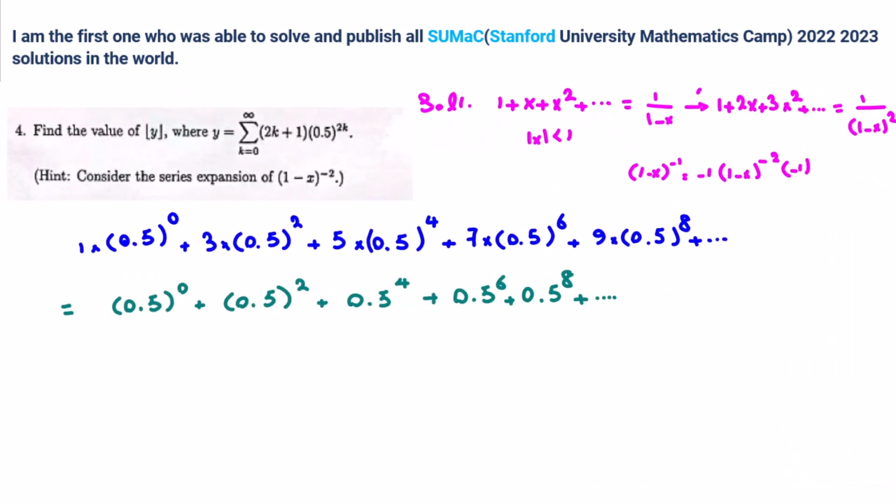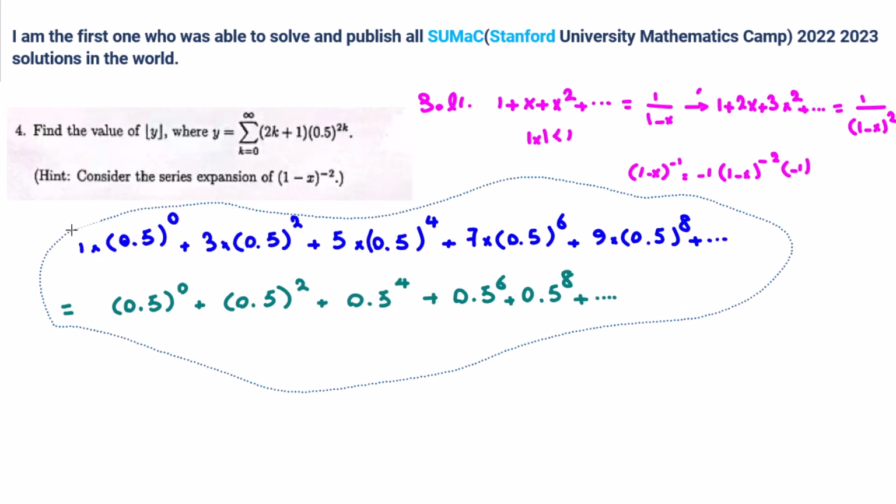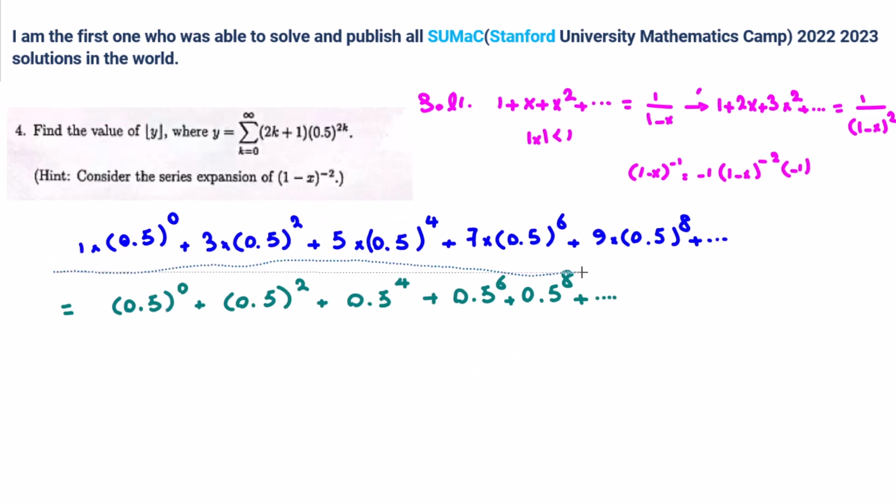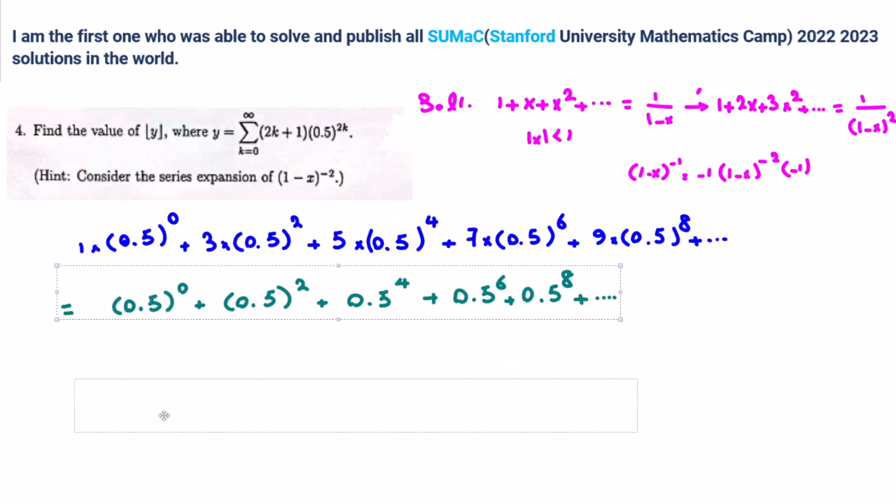I'm not sure what to do with the derivative. Okay, so here we found this formula, right? 1 plus x plus this. Let me move it to this part.